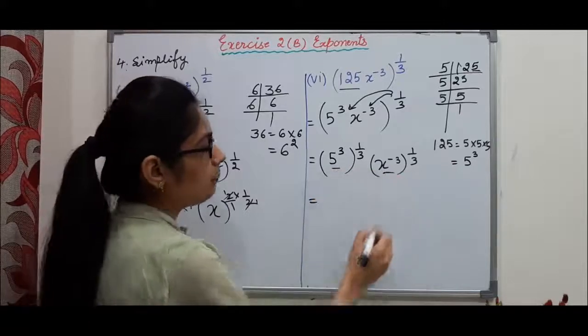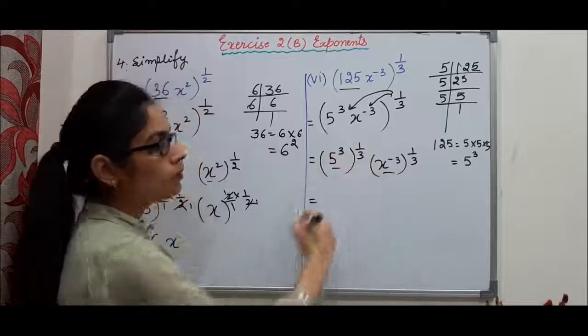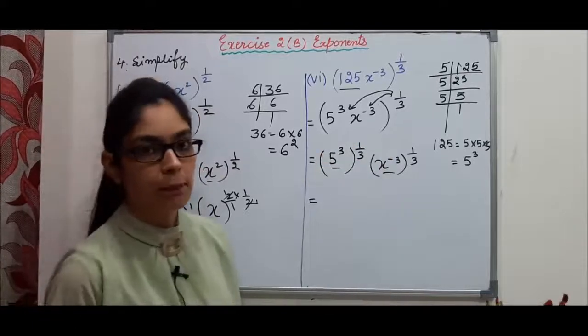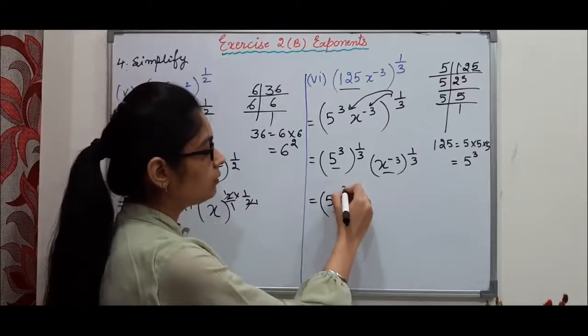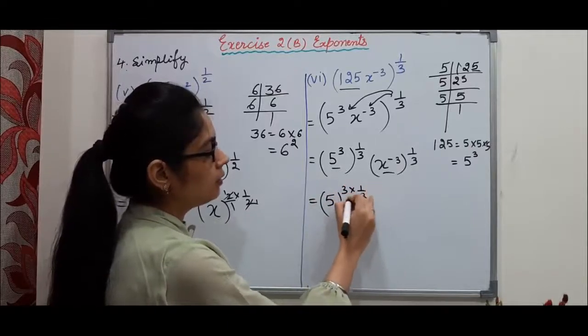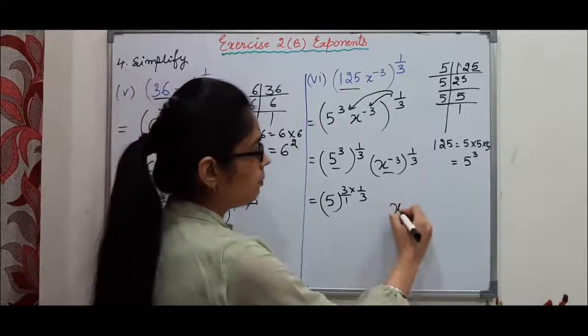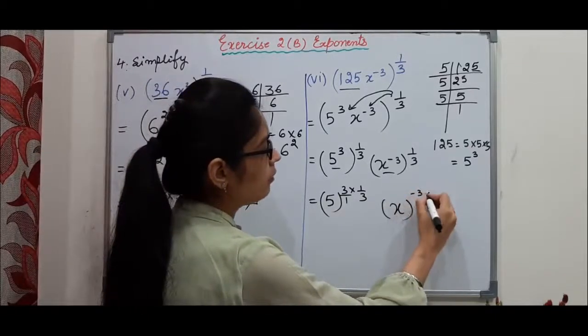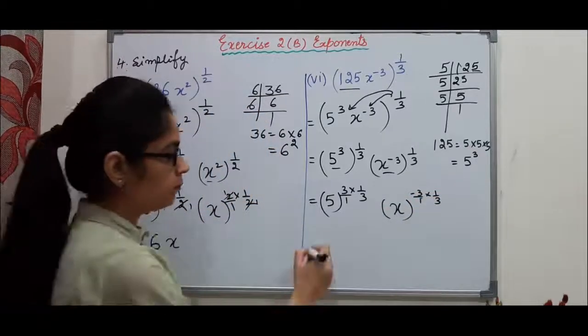Now on single numbers, there are 2 powers. So here we can multiply these 2 powers and make a single power by applying this power rule. So 5 to the power 3 into 1 by 3, this 3 we can write as 3 by 1. X to the power minus 3 into 1 by 3, so this also we can write as minus 3 by 1.